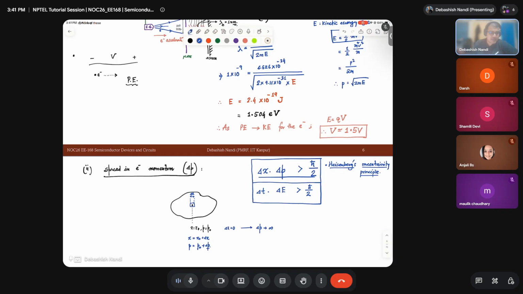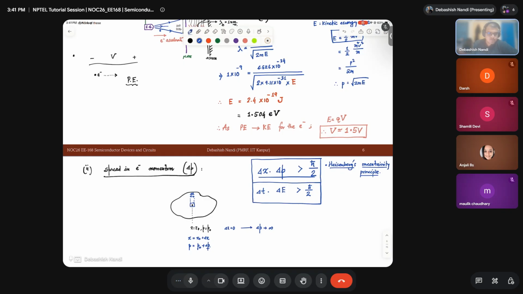Because h bar is a non-zero constant. Constant by 0 is equal to infinity, right? So if I know my position precisely, or vice versa, if I know the momentum precisely, then I cannot know the other quantity. Fine.